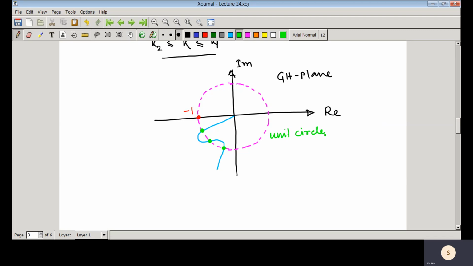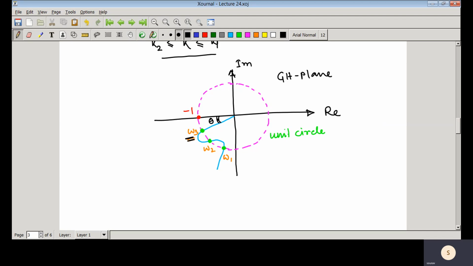Unit circle means at those frequencies, suppose omega 1, omega 2 and omega 3, the magnitude is equal to 1. So there are 3 frequencies where the magnitude is equal to 1, which means you have multiple gain crossover frequencies. In this particular case, we need to consider only omega 3, which is closer to the critical point, and we take this theta as the phase margin.